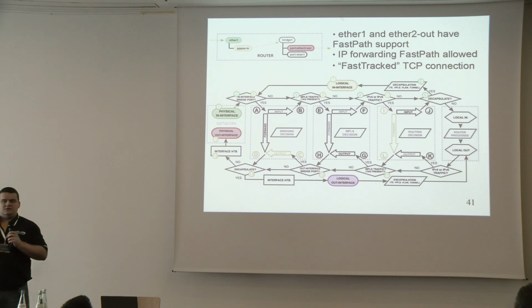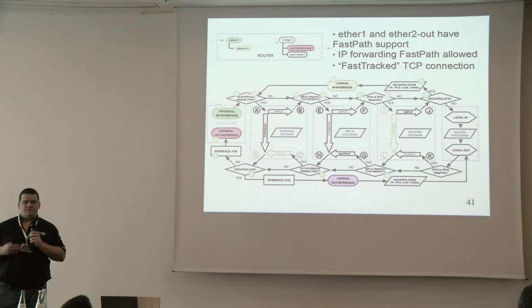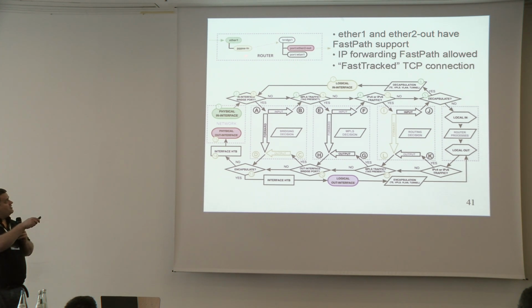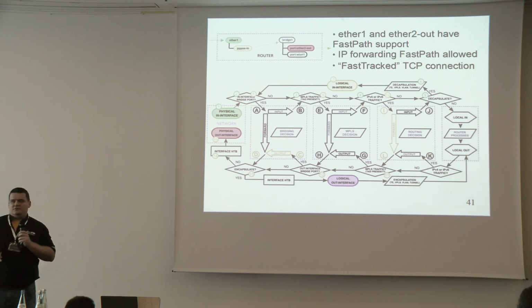Okay, who thinks that this setup will work in FastPath? Good. And it will work only if you use version 6.35 or newer, because support for PPPoE was added only in 6.35.